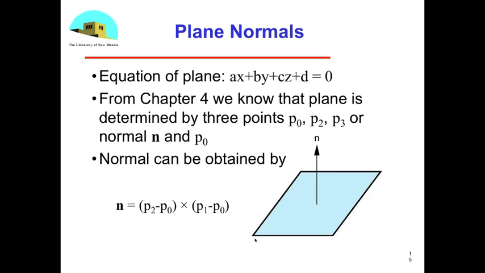Suppose this is P0, P1, and P2. I probably should have drawn this as a triangle, because you'll probably be dealing with triangles. If I have those 3 points, then the vector P1 minus P0, determined by these 2 points, lies in the plane, as does the vector P2 minus P0, and their cross product, therefore, must be normal to the plane.